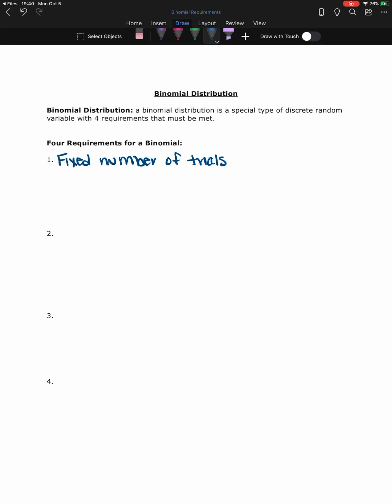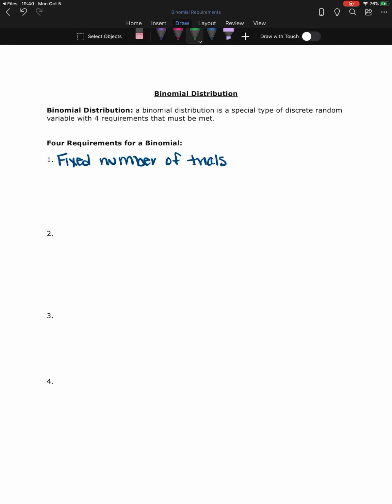Or you also cannot say, I'm going to keep rolling until I get a 2. Because you could see a 2 on the first roll. It could take you 20 rolls to see the 2. It could take you 100. Probably won't take you 100 rolls to get a 2, but it could. So you have to decide before you start how many times you are going to perform the experiment, how many trials you are going to have.